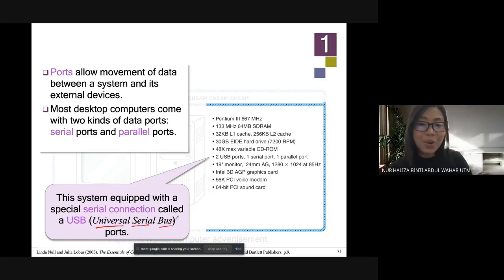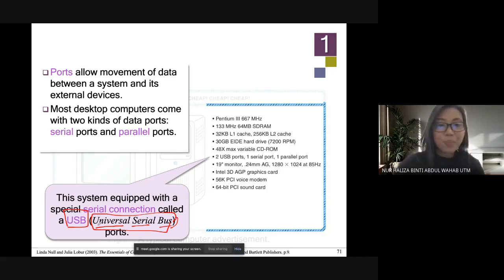Who didn't know about this term? Who just knew, oh, I got USB? So what does USB basically stand for? This is the USB term. Basically, it is a universal serial bus. So in the short form, you call it USB.